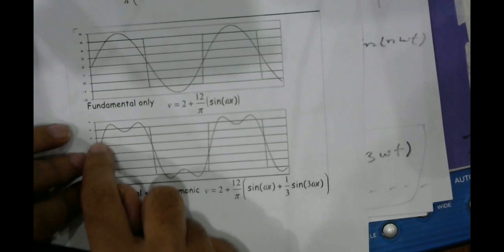So here we just take the fundamental and third harmonic value, and this is how your plot looks now. Now if you add, say, the fifth harmonic with this one, then you will get this function. The same way, if you take the 7th, 9th and 11th harmonics with it, then you get this one.